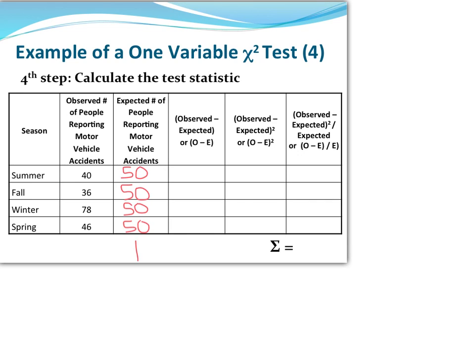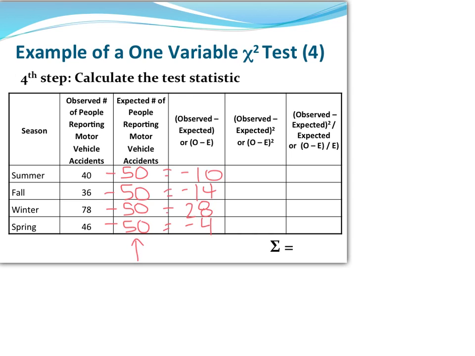I have written the expected frequencies of each category that we just calculated in the associated column in our table. We will then move on to our next step of finding the difference between our observed and our expected values by subtracting the observed minus the expected, which will get us -10, -14, 28, and -4.